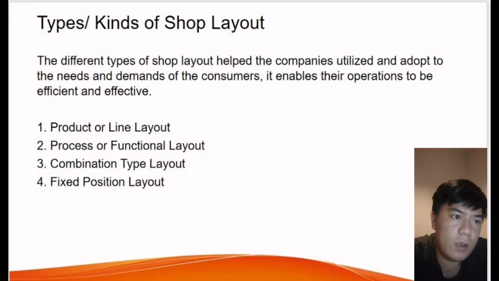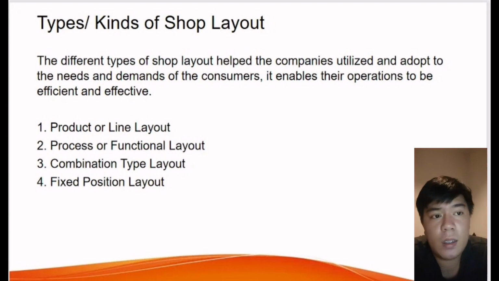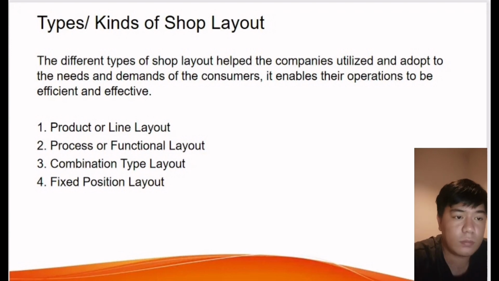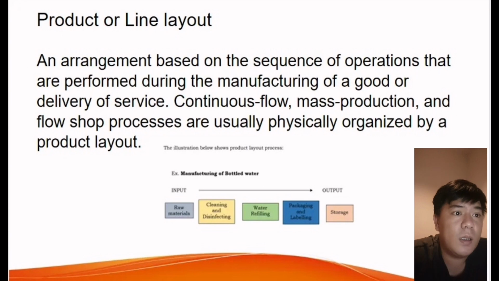First, number 1, product or line layout. Number 2, process or functional layout. Number 3, combination type layout. And number 4, fixed position layout. So next, product or line layout.